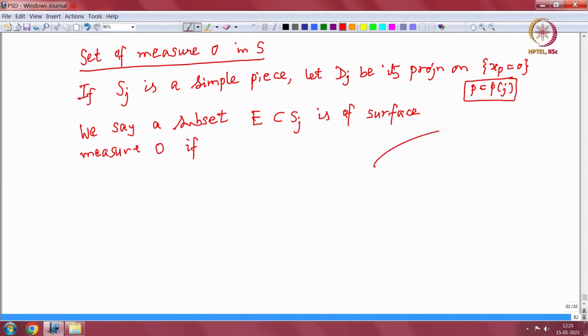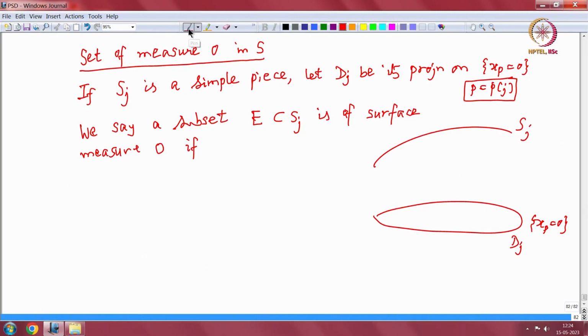So Sj is sitting here and Dj is sitting here. This is the hyperplane xp equal to 0. So this is some E here.